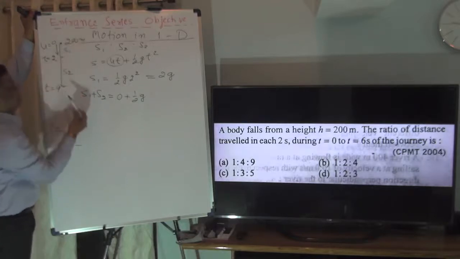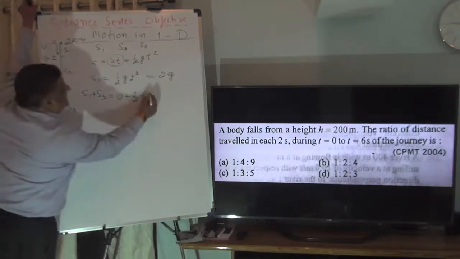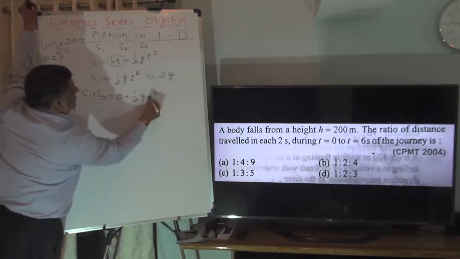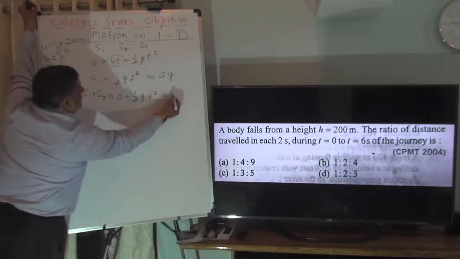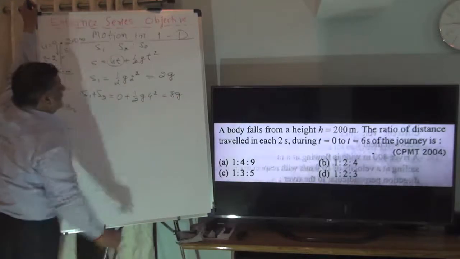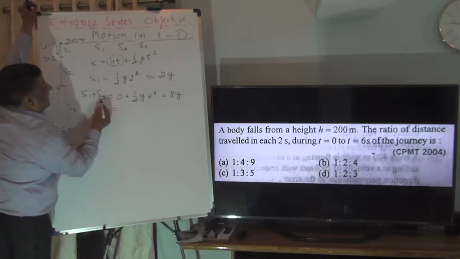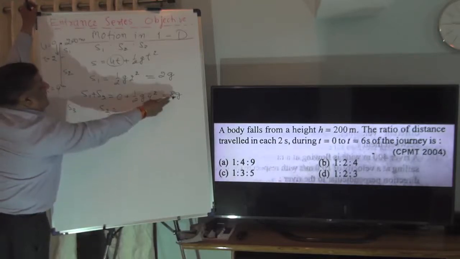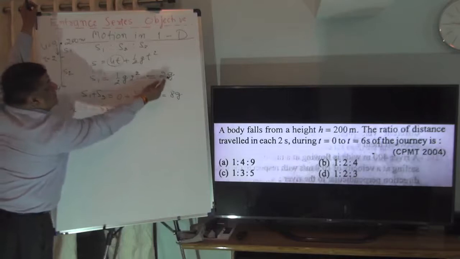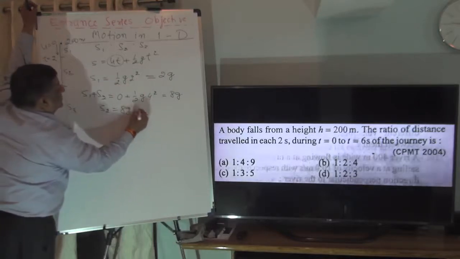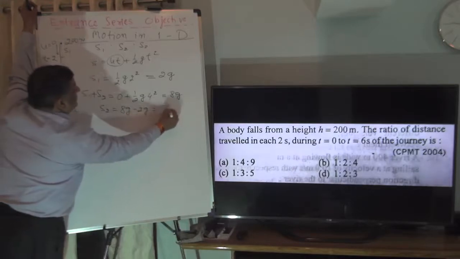The total time is 4. So half g 4 square, 4 4s are 16, this comes to 8g. Then how much is S2 only? S1 plus S2 is 8g, out of which S1 is equal to 2g. So S2 will be equal to 8g minus 2g, that is equal to 6g.